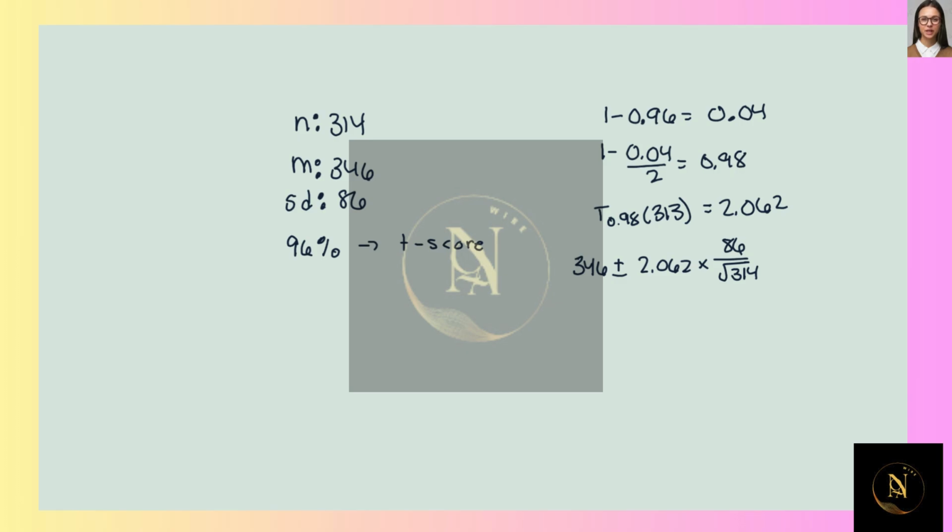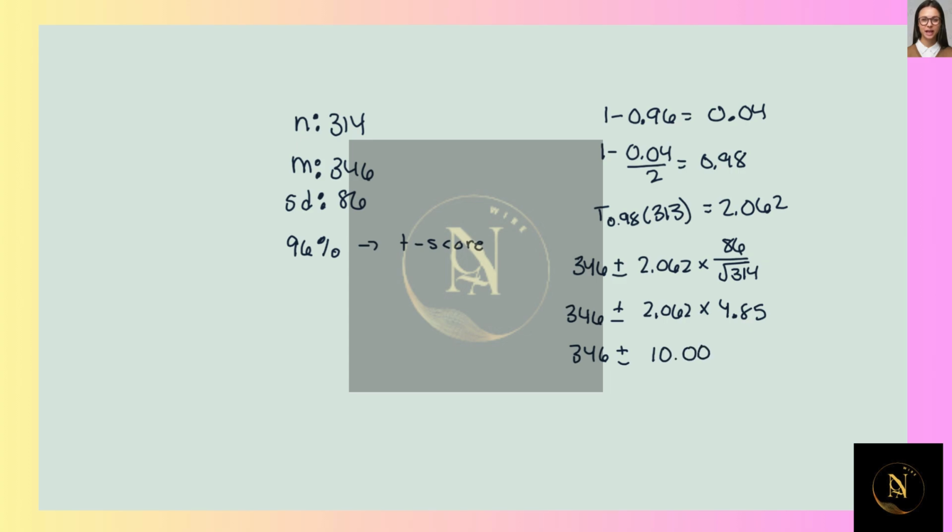Then you're going to take 86 divided by the square root of 314, and that is 4.85. I'm just going out to the hundredths place. Then 4.85 times 2.062. So I have 346 plus or minus 10.00.